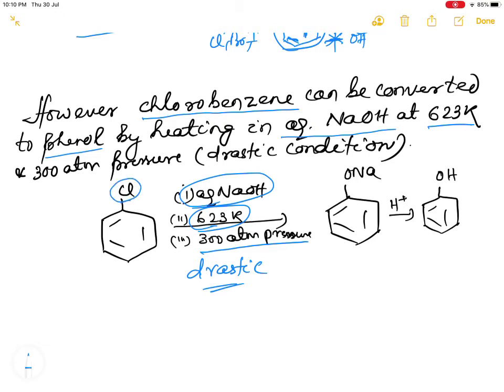This chlorine is converted to ONa, and you get sodium phenoxide, which on acidification gives phenol.